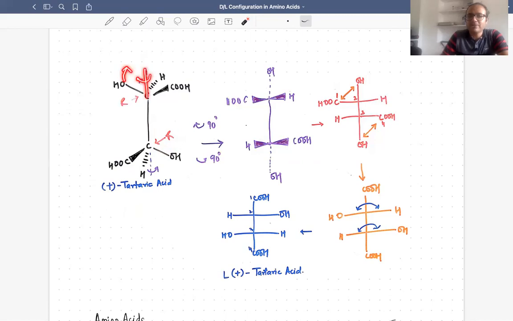So you can write OH here like this. Then COOH, which was on the right side, will now come on the left side, but still it would be on the front side only. So COOH will come here. Then H, which was on the back side, will come on the front side, but on the right side of the molecule. So that's why you have this particular configuration here.